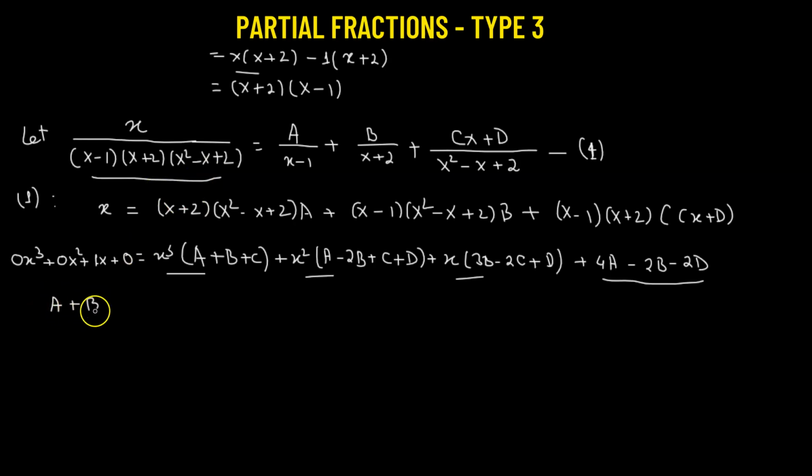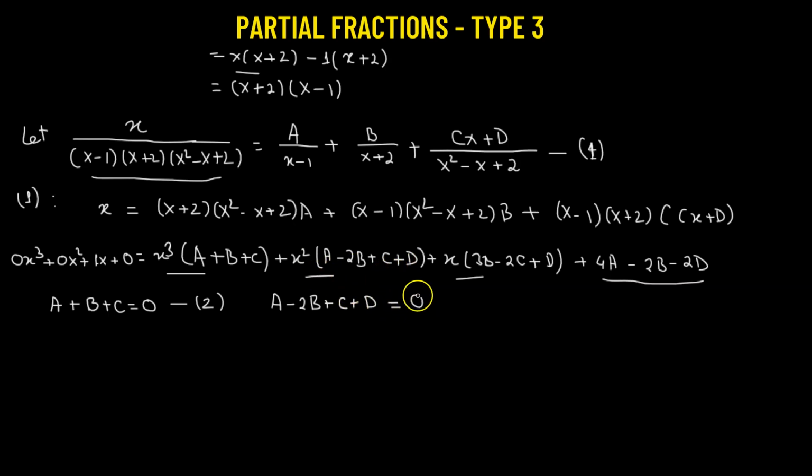The first one will be a plus b plus c equals 0. We're going to label this as number 2. So this is obtained by equating the coefficient of x cubed on the right hand side with the coefficient of x cubed on the left hand side. Then we have a minus 2b plus c plus d. So that's the coefficient of x squared on the right hand side.